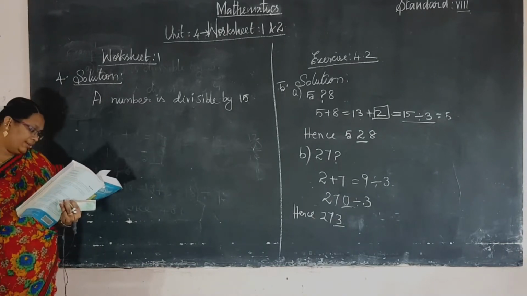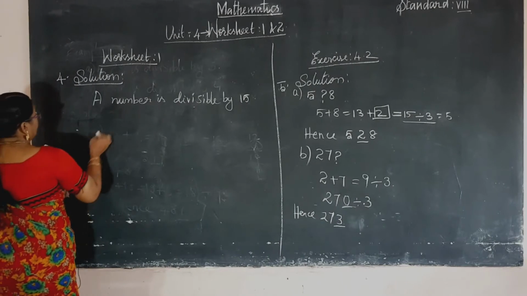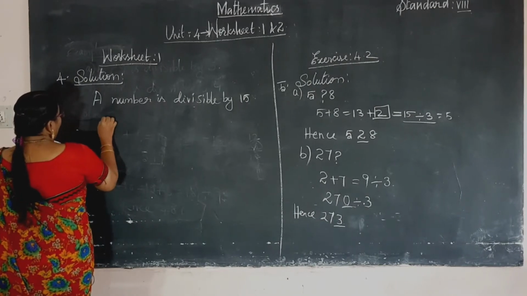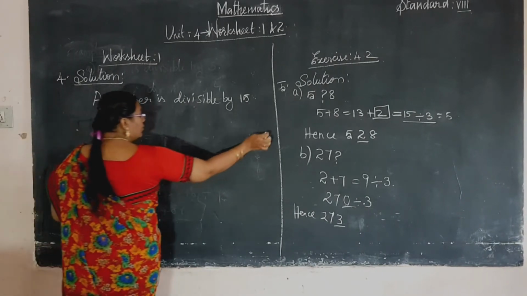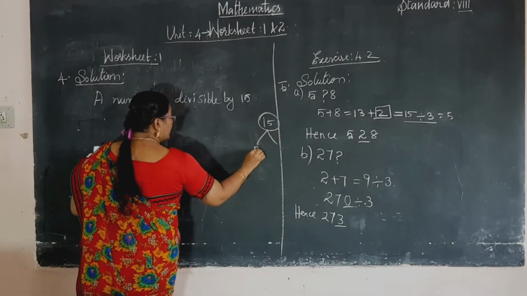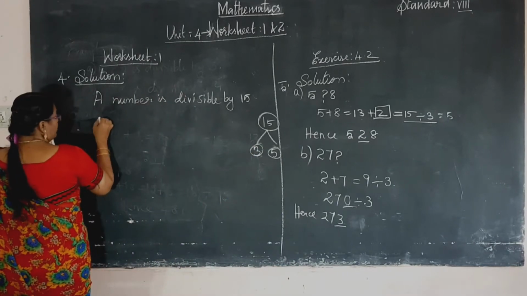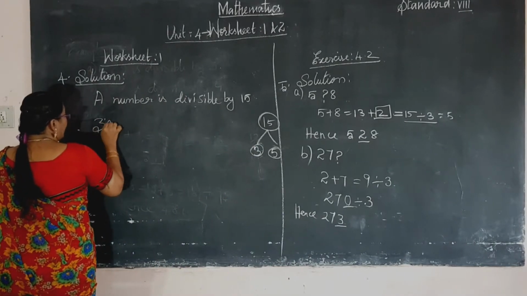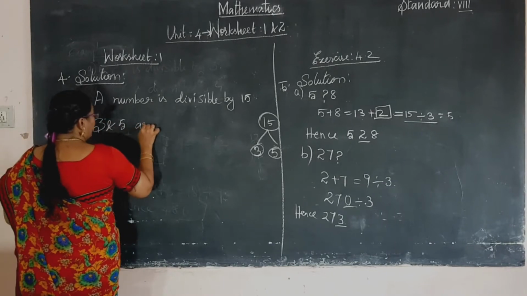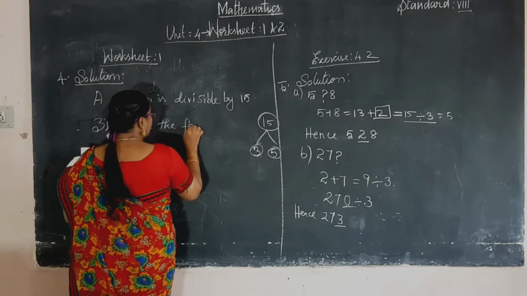By what other numbers must it be divisible? So what are the factors of 15? 3 and 5 are the factors of 15.